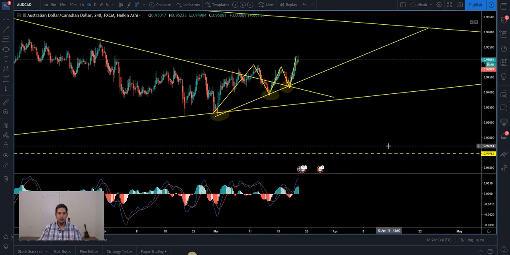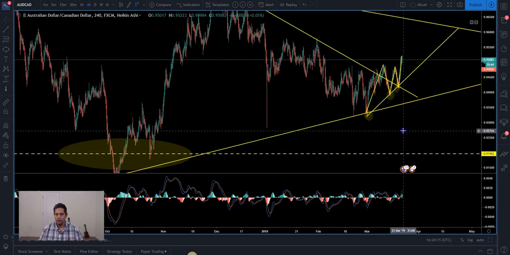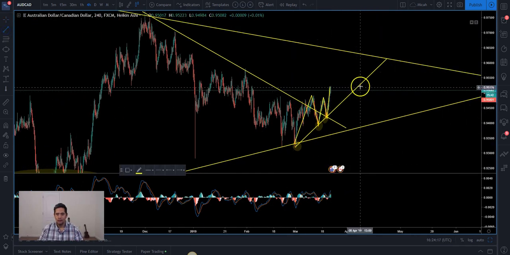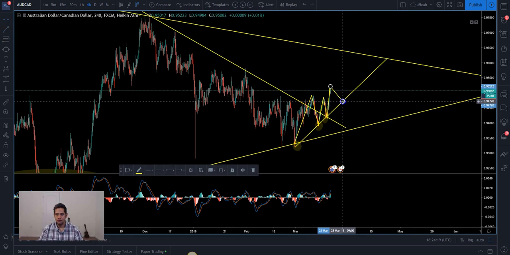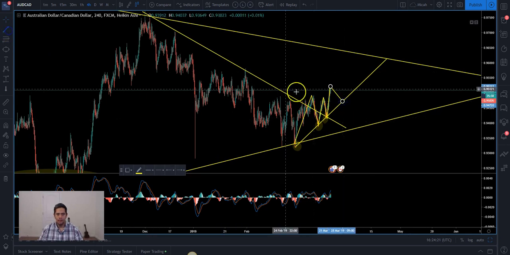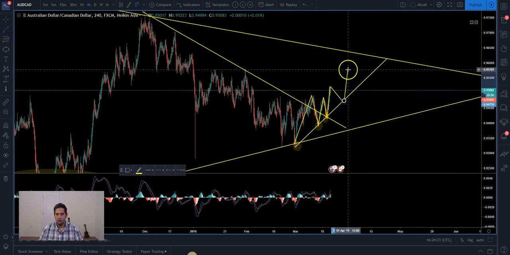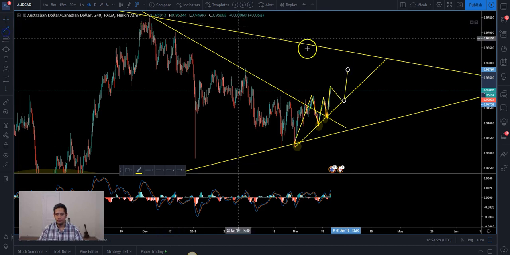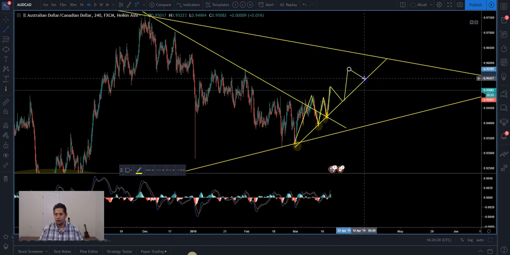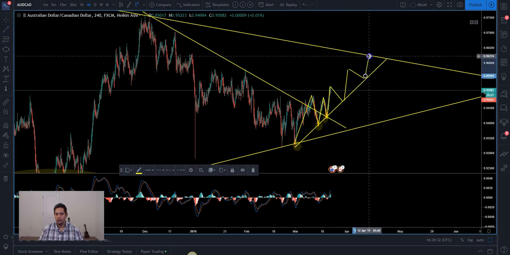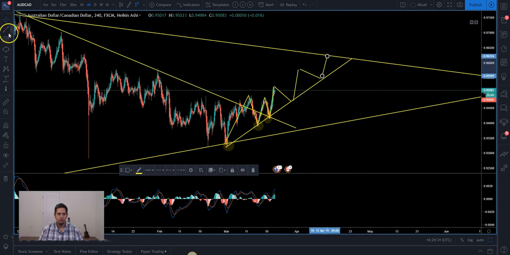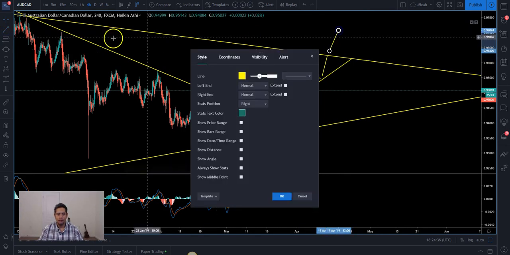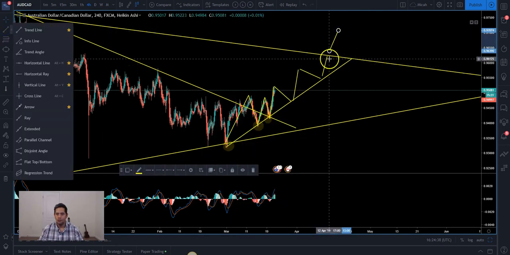So for me, I'm guessing the next move is up. Next move, and who knows, right? Watch it here. It might break, or it might shoot back down.